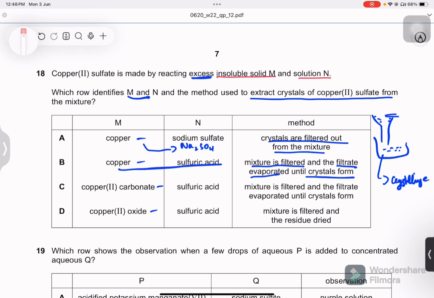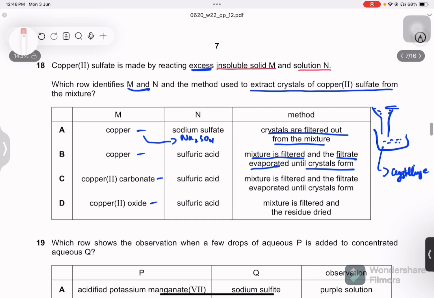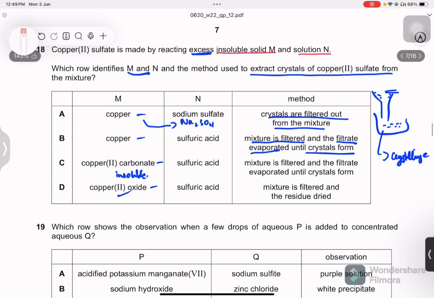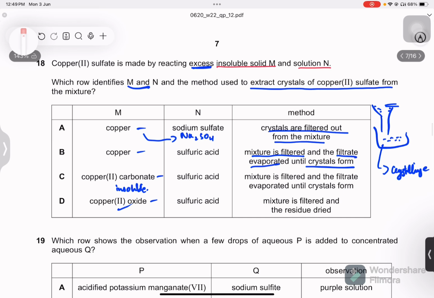But the problem here is that, and let's read option C, copper(II) carbonate, which is an insoluble substance. Copper(II) oxide is also insoluble, so all are insoluble. Next, copper(II) carbonate reacts with sulfuric acid. The mixture is filtered and the filtrate evaporated until crystals form. So this is identical.